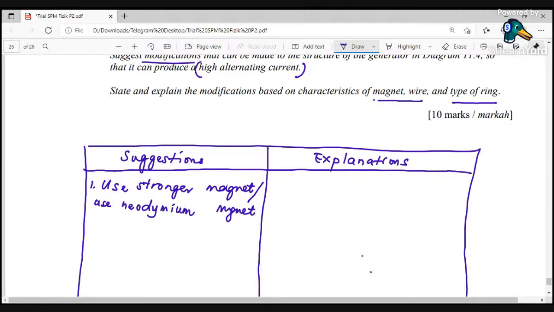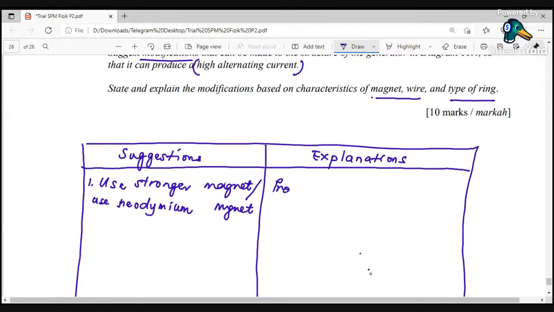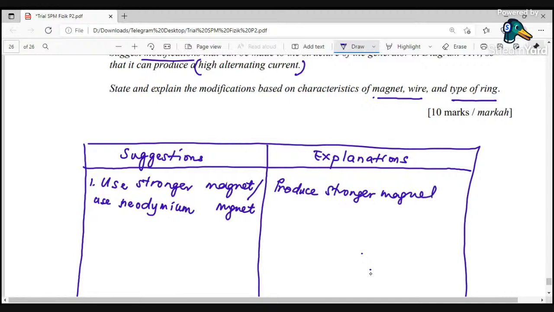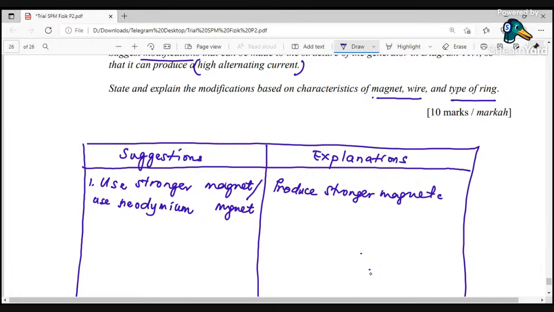Even a very small one, the size of a 5 cent coin, its ability to attract ferromagnetic material is very high. You can try it. It produces a stronger magnetic field. A stronger magnetic field means more lines. More lines will cause more change in magnetic flux when cut by the conductor.